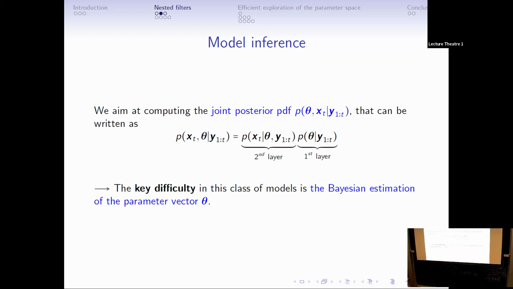This works because we can split the joint into different distributions: the posterior of the parameters given the whole set of observations, and the posterior of the state conditional on theta. The second one is the same as in any standard filtering method, so it should be a bit easier to deal with. But the key difficulty is the posterior of theta given the observations.